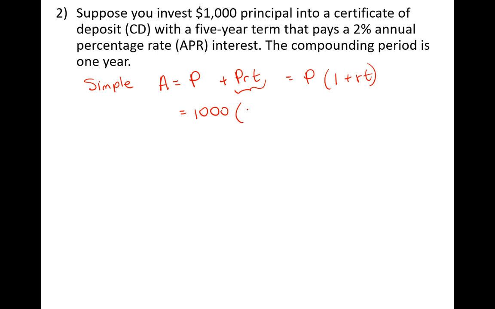So it would be your $1,000 times (1 plus your 2% interest times your 5 years). We leave it in for the 5. So 1,000 times 1.1, and that's that $1,100 that we talked about. That's not a great deal. So we're going to look at how compound interest is better.